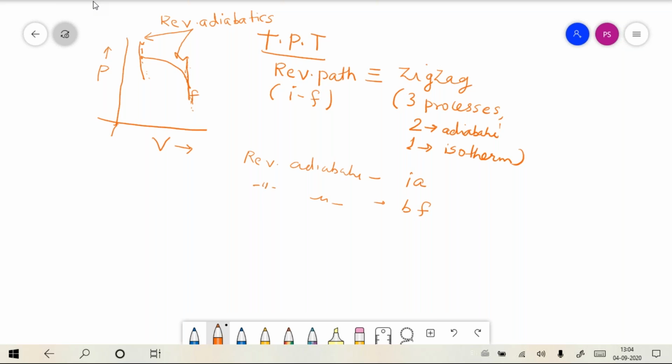So let us say this is A, and this is, let's say, B. So this is I, A, B, F. Okay, so I need to draw these lines.